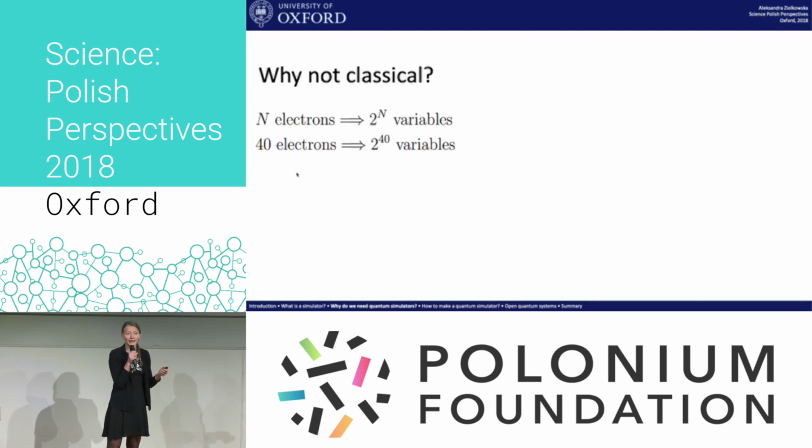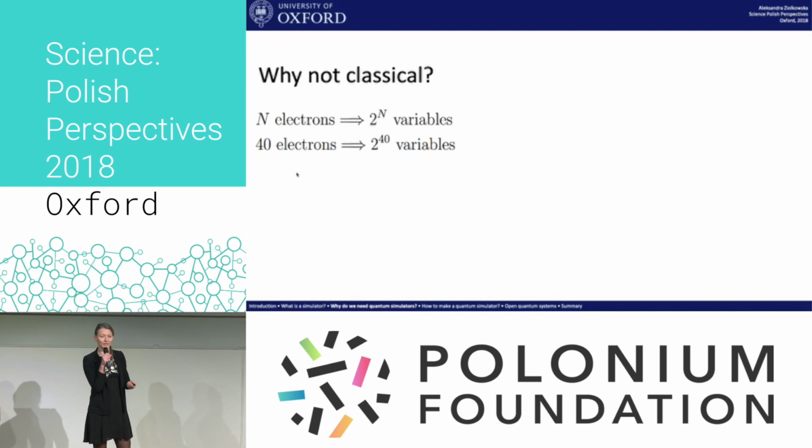So if you want to make a normal classical computer simulation of a quantum mechanical system, at every given time, we have to keep track of all the configurations that the system is in with all the corresponding probabilities. This makes us have to actually keep track of an exponential in system size number of variables.